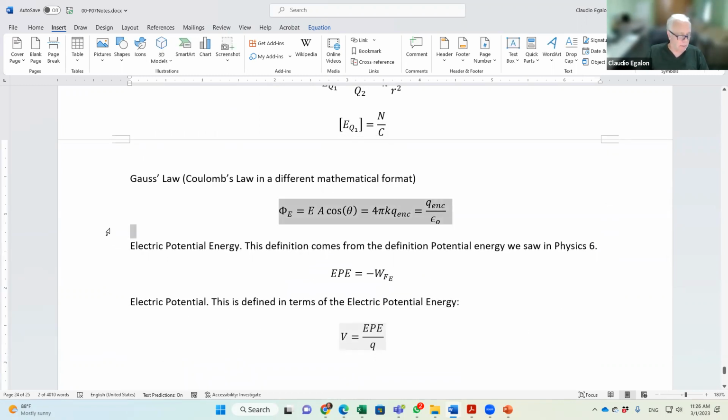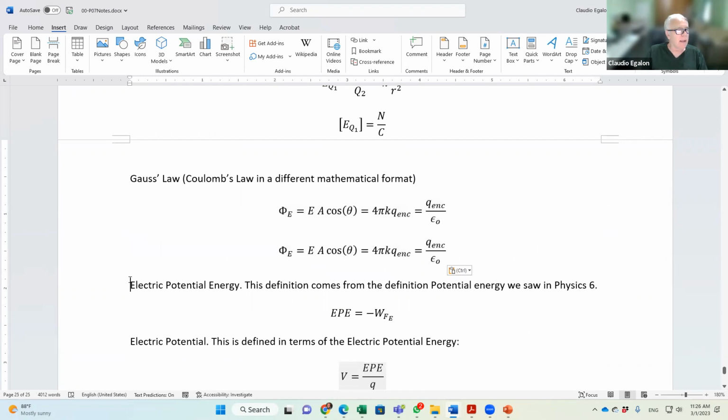In the case of the electric flux, in order to find out what the units are, all you have to do is some dimensional analysis. It's going to be the unit of the electric field times the unit of the area.